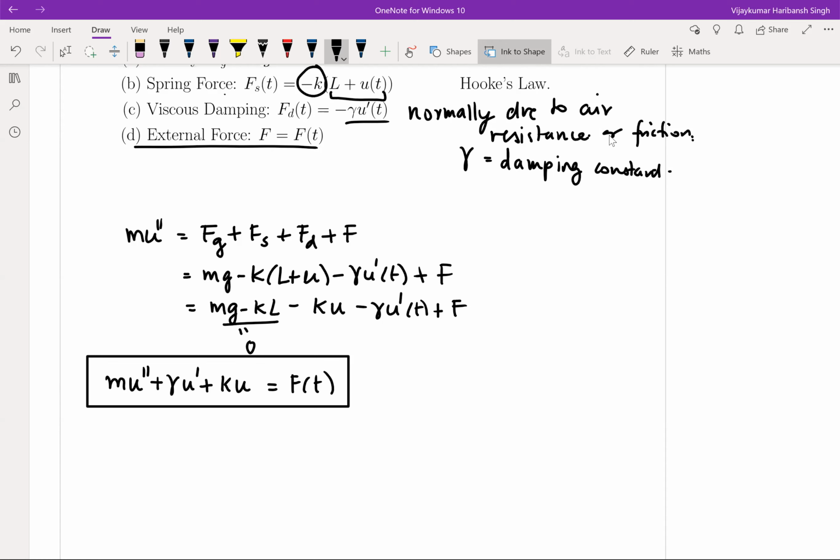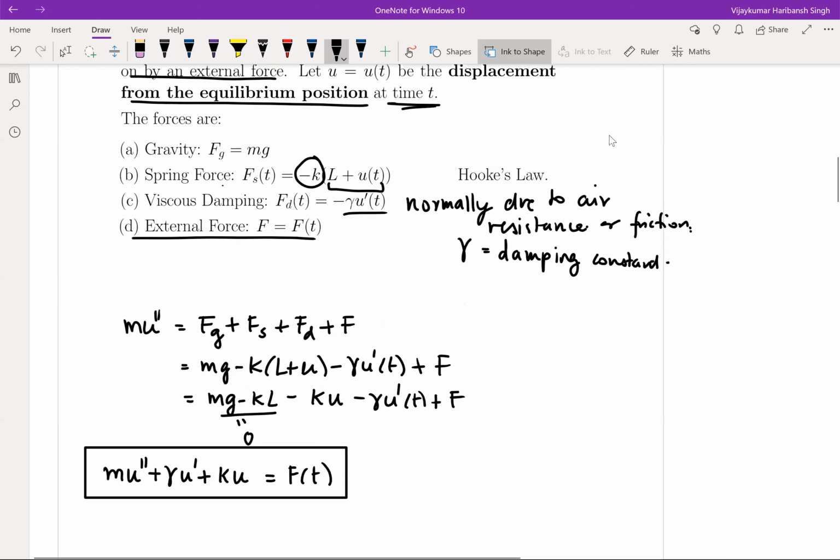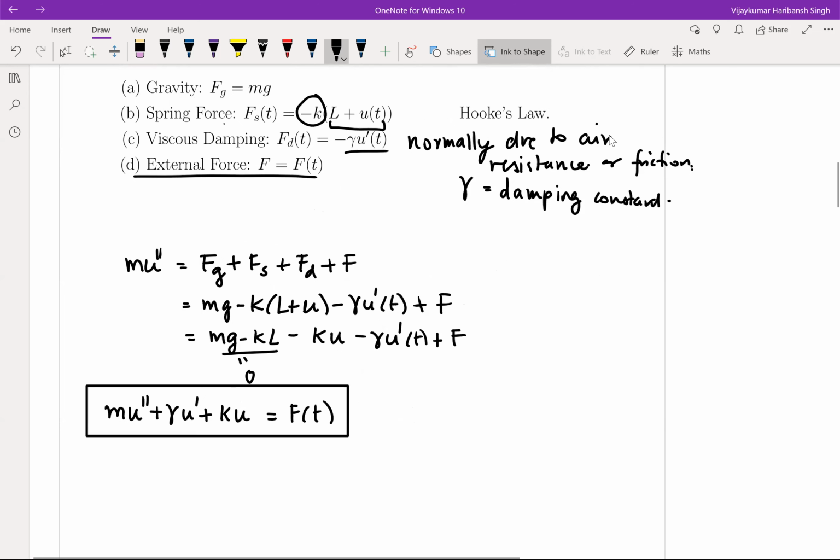So this gives us the equation of motion for the object attached to the spring. The only thing which is unknown in some sense is the forcing function. Now, typically you're given two initial conditions, namely u(0) is some u naught, and u'(0) is some v naught.